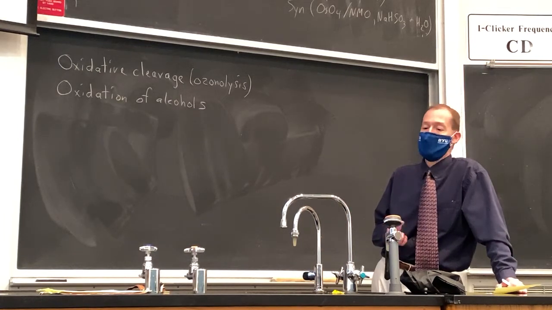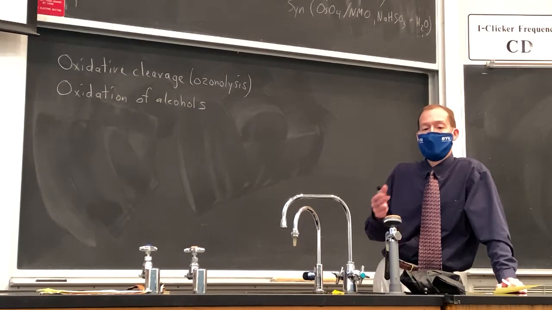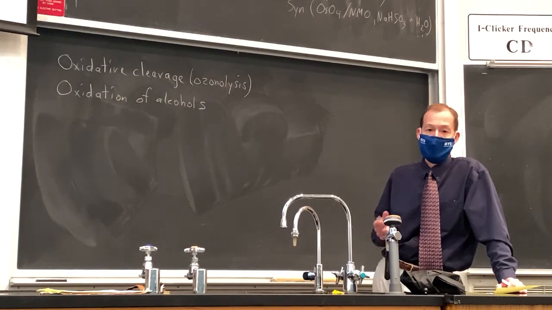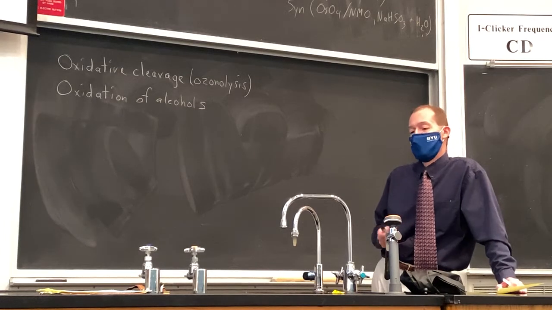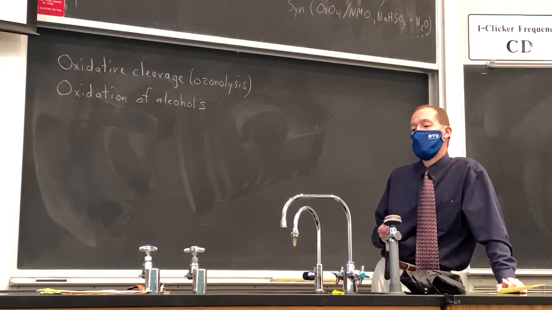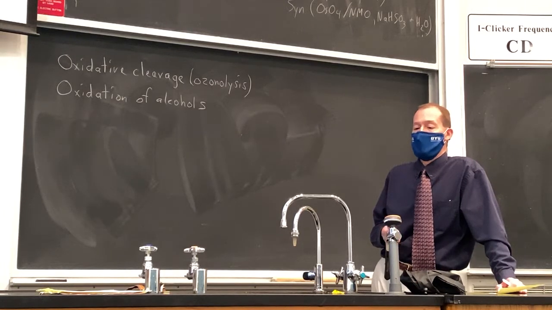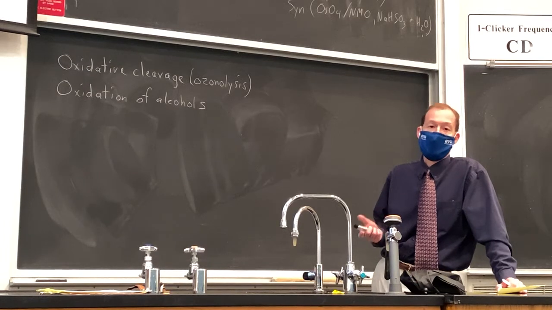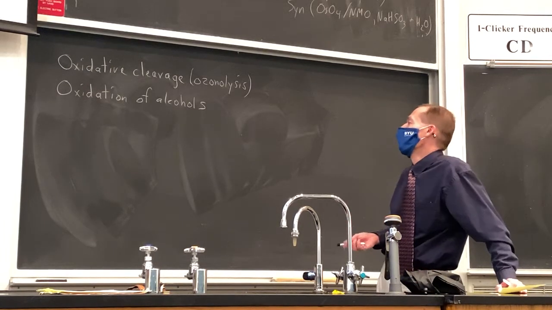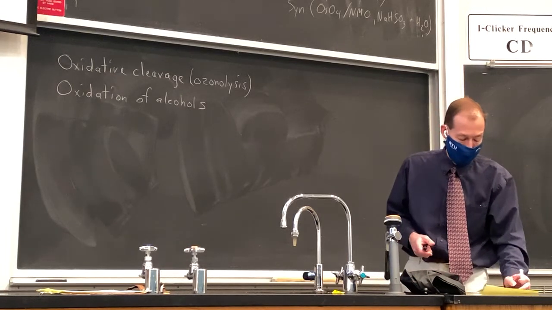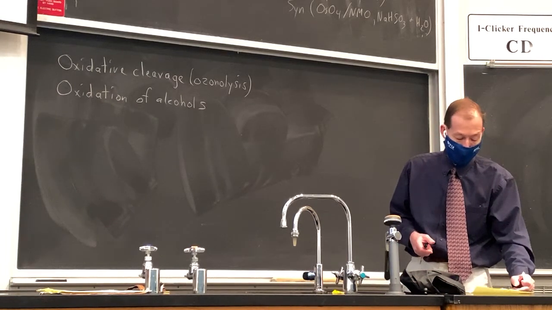And that was due to the fact that we could generate a hydrate intermediate from an aldehyde when we had acid and water present, and then that hydrate could undergo oxidation to the carboxylic acid. When we don't have water present with the PCC oxidation, we don't form the hydrate. Okay, so those are all the topics we learned related to the oxidation of alcohols.